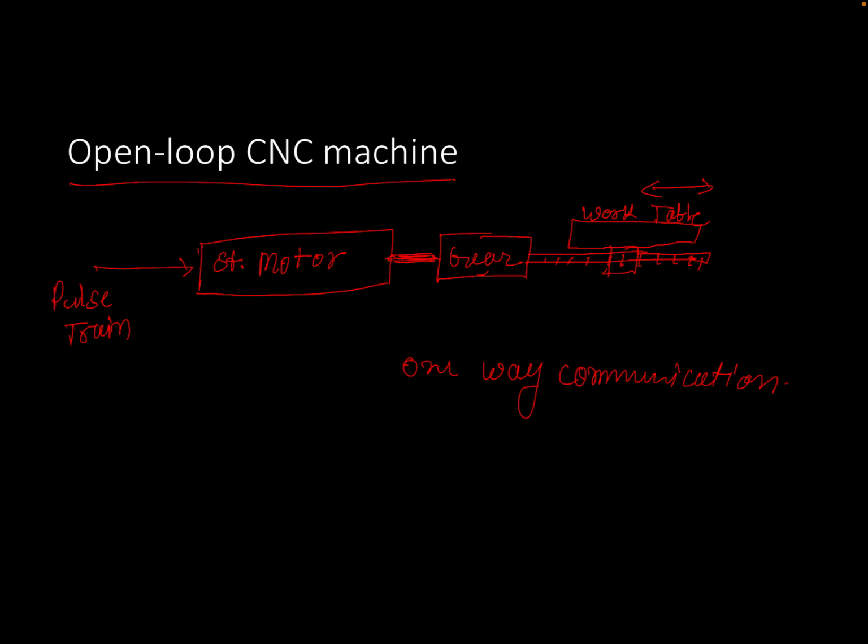The computer relays this information to the controller, which then energizes the motor, and no feedback. Open loop machines basically use stepper motors.